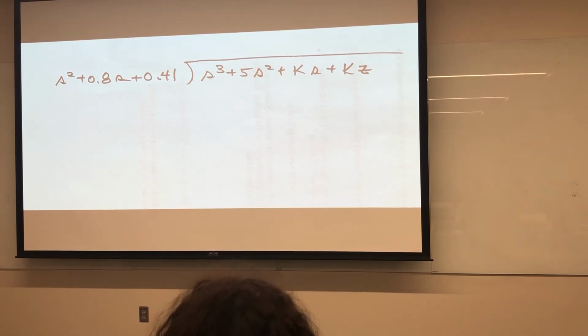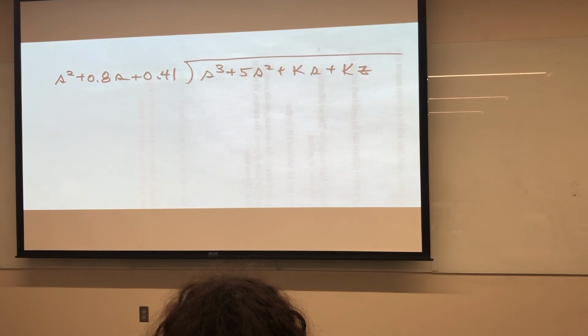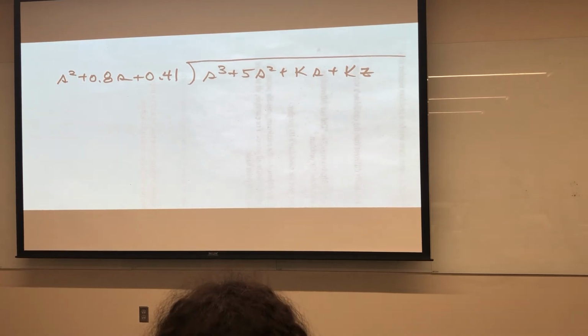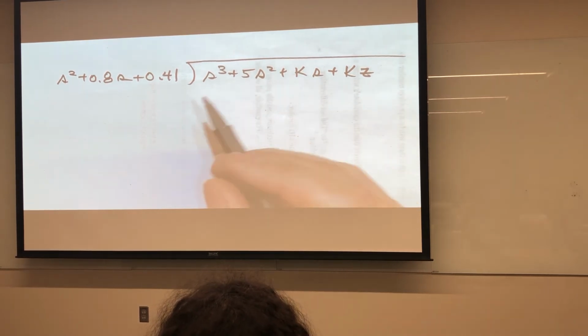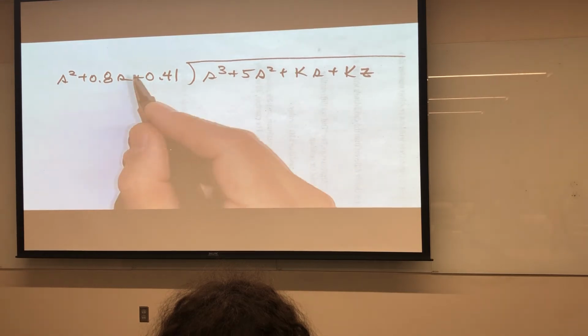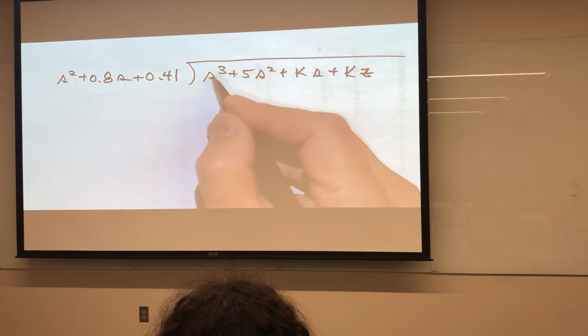Okay, so we learned long division, they claim, in kindergarten. But we probably didn't look at it this way. We probably dealt with numbers, but the same principal idea occurs. So I have to ask myself, what do I have to multiply this thing by so I can get an s cubed here?